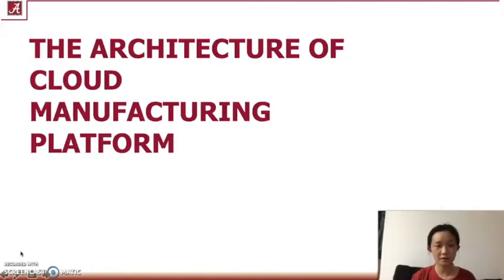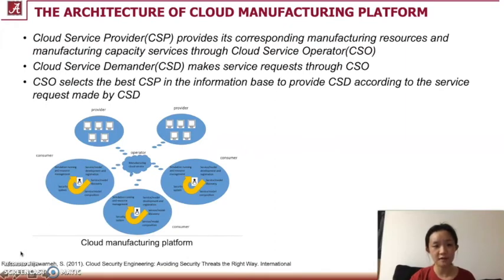For this part, I'm going to talk about the architecture of the cloud manufacturing platform. As shown in this figure, the entire cloud manufacturing system is mainly composed of three parts. The first one is the cloud service provider, which is CSP, the consumer is the cloud service demander, which is CSD, and the cloud service operator, which is CSO.